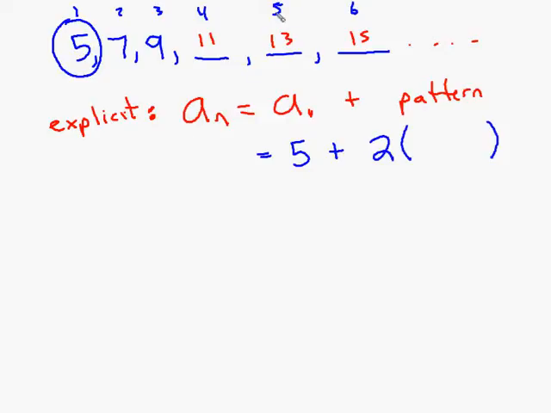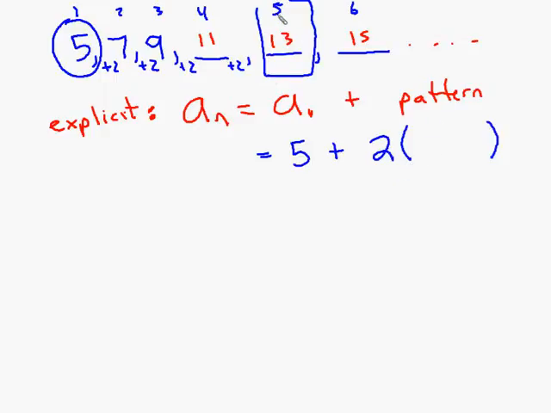How many times will I have added 2 when I got to here? 4 times. Why? Because the first term I haven't added anything yet. Add 2, add 2, add 2, add 2. So if I'm stopping at this term, I've added 2 how many times? 4. So I do 2 times 4, right?